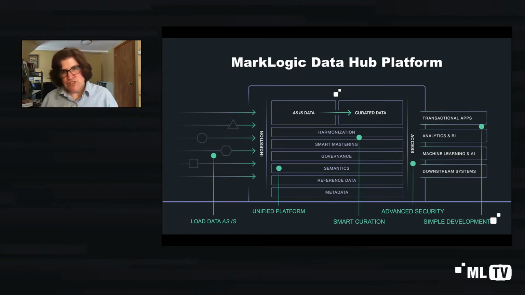So here's our Data Hub platform. What I'm going to be talking about today is just over on the left side of this slide here, where we talk about loading data as is, the ingestion process. And we're also going to be talking about the process of curating your data, of getting it from that as-is state into a harmonized or curated state, so that your various downstream or upstream silos of data can be combined into a standard format that you can then use to write applications.